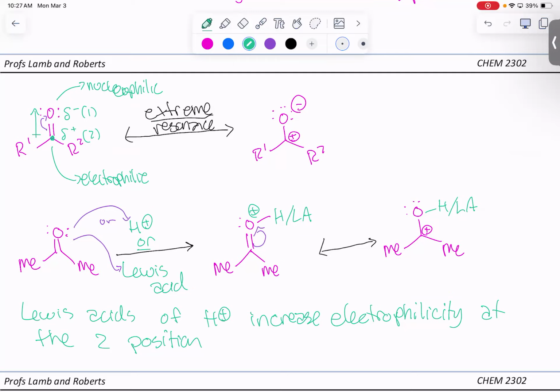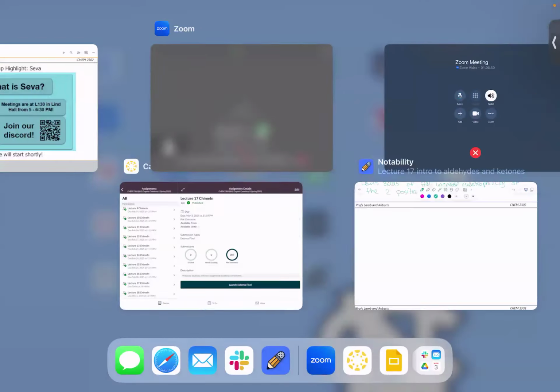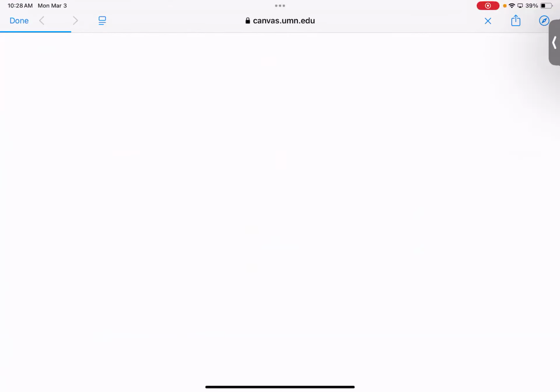Okay, so we learned quite a few reactions with aldehydes and ketones. So we're going to go for our clicker question because we're going to recall which ones we've learned. I had trouble opening it again, but let's see if I can do it. If not, it's already opened.